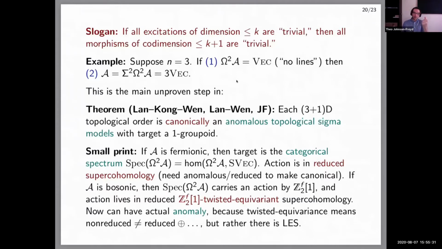And then there's a third one which has an anomaly. So it does not really live as a true 3+1D model, but rather it lives as a boundary condition for a 5D invertible phase. I see. And all of this stuff about reduced blah blah blah is to catch that last example. Okay, thank you.